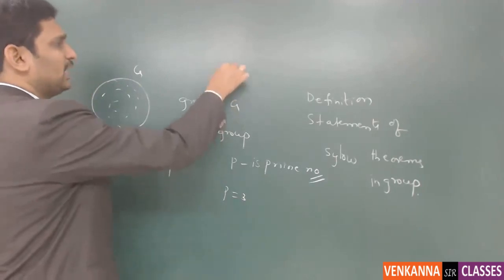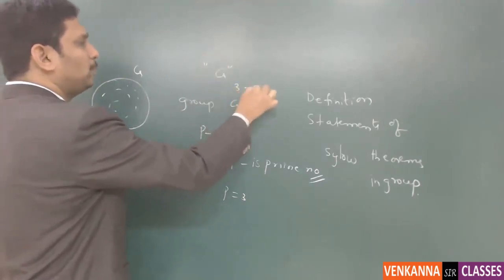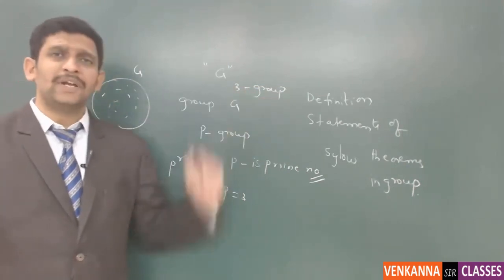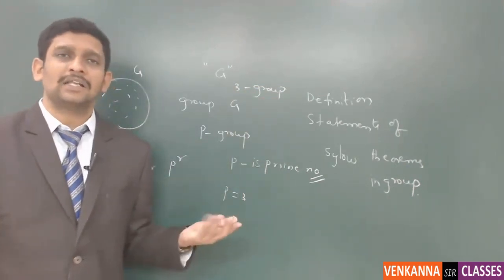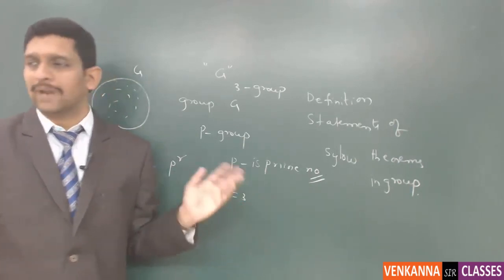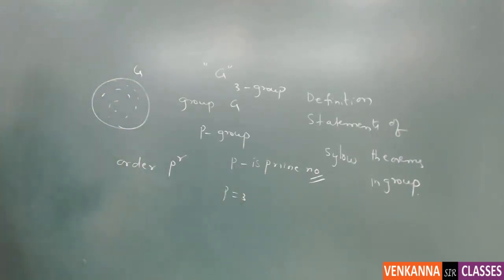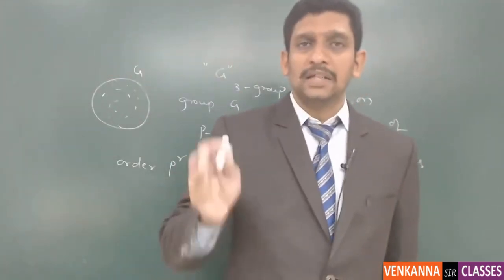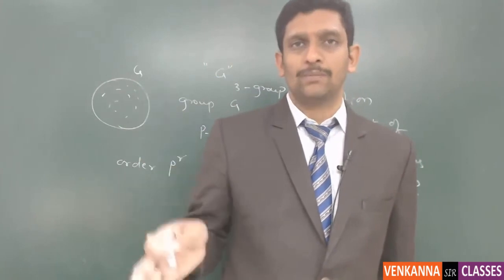Let me say I have taken p equal to 3. A group G is called a 3-group if any element in it has order 3 power something: 3 power 0, 3 power 1, 3 power 2, 3 cube, like that. You can understand that the order of an element divides the order of the group.